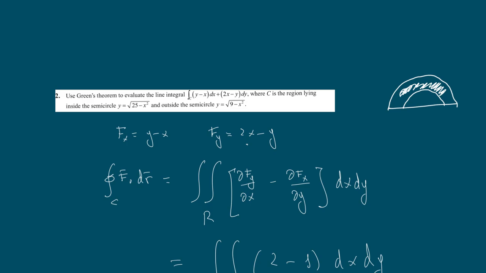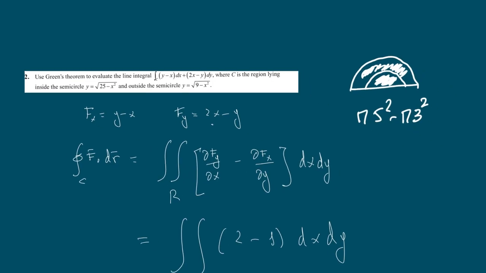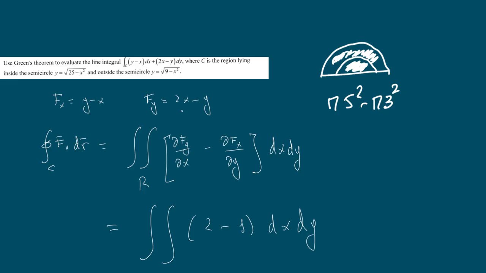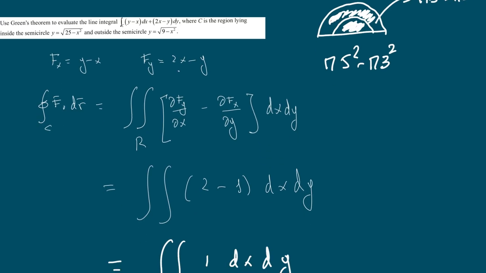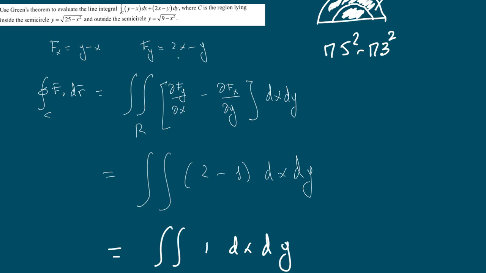The total area, including this, is pi times 5 squared. If I take the area here, pi multiplied by 3 squared, pi r squared is the area, so I reduce the area, so the area I'm looking for is pi 5 squared minus pi 3 squared. But wait a moment, this is the semicircle.